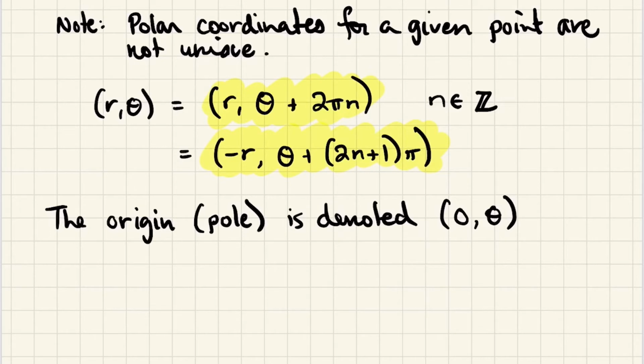Well, point yourself in any direction you like and then stay there. Okay, so yes. So it's denoted 0, comma theta for any theta. However, to not confuse people deliberately, it's a good idea just to use 0, 0, right? Looks like the origin then.